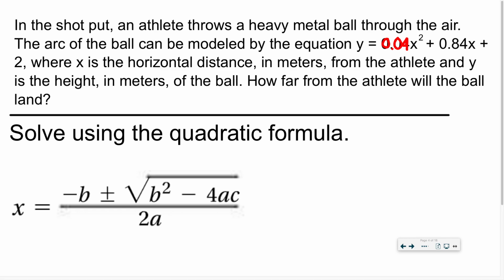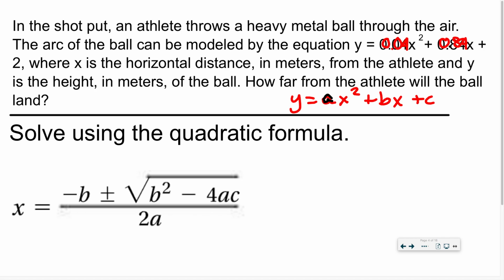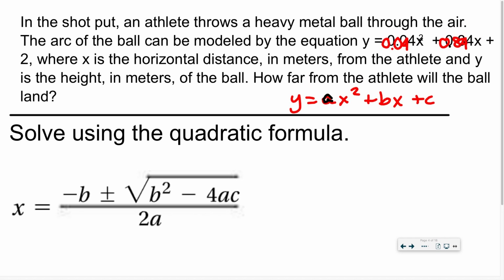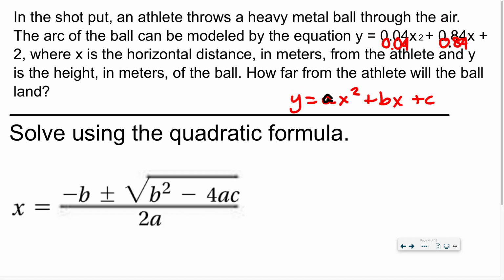But if we have our quadratic in standard form, you can see that the A value is the coefficient of our x squared. So our A value is 0.04. What's our B value? Yep, 0.84. And our C value is 2. This 2 over here. Okay, it's that 2.